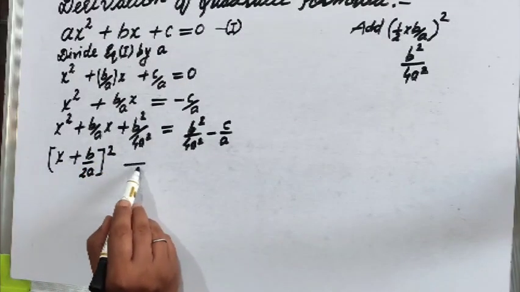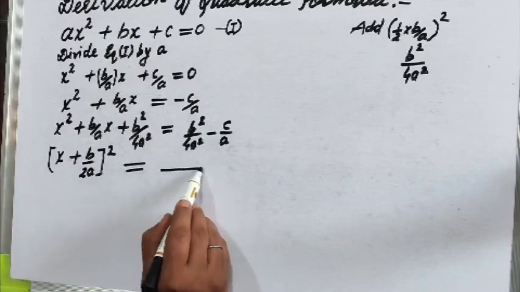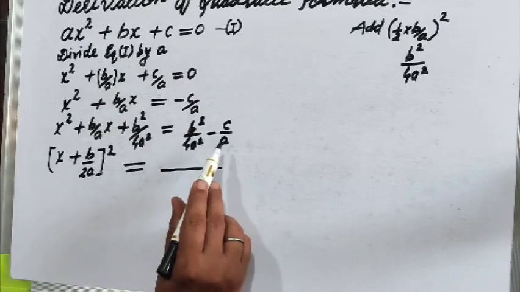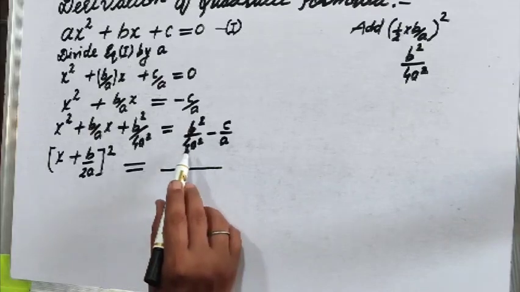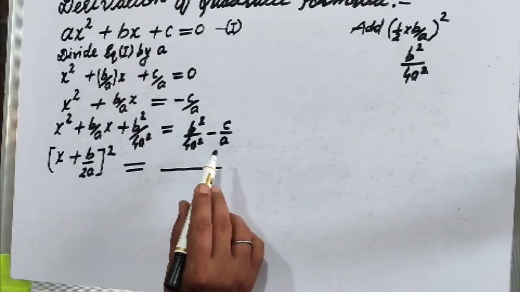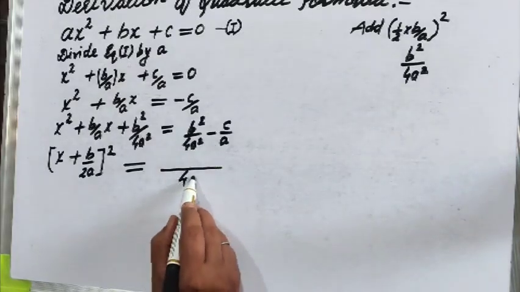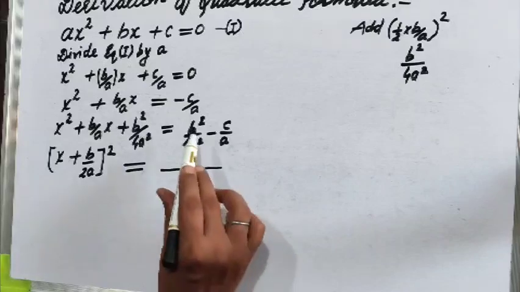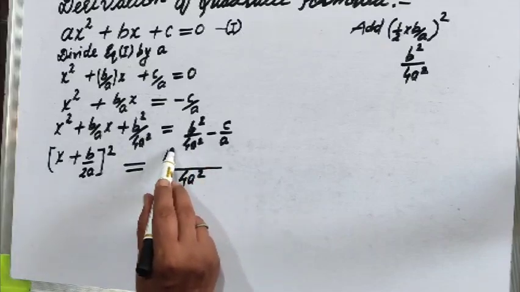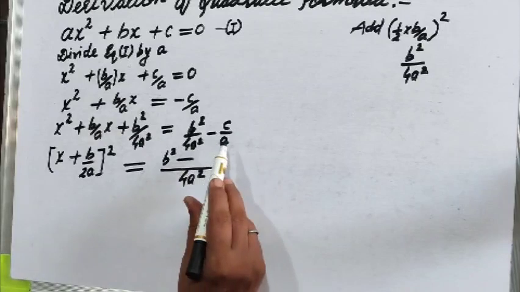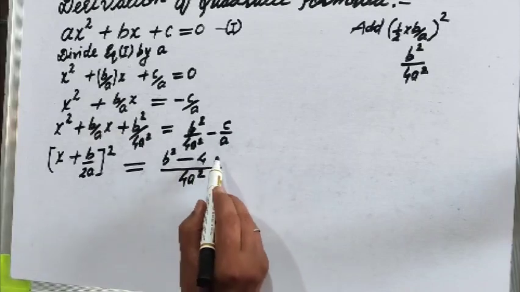So this is equal to, solving the right hand side, the LCM will be 4a square, and here you will get b square minus 4ac.